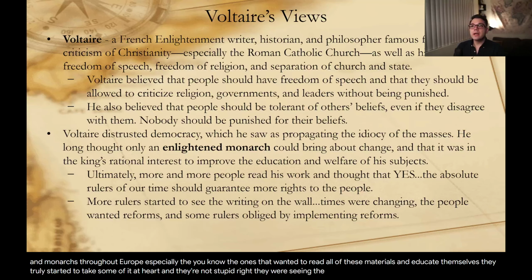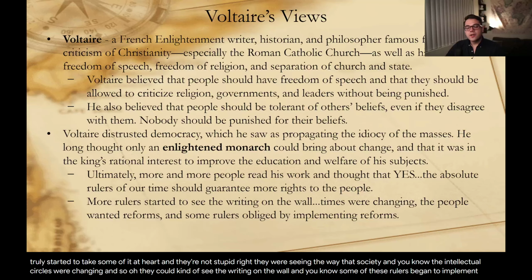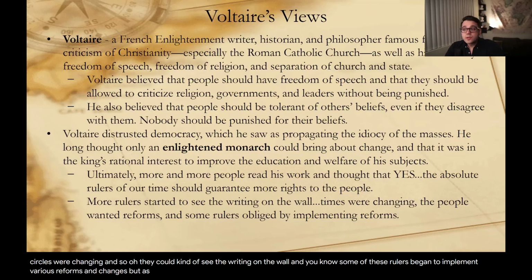They were seeing the way that society and the intellectual circles were changing. And so they could kind of see the writing on the wall. And some of these rulers began to implement various reforms and changes. But as we're going to be seeing, with varying levels of change, with varying levels of intent, right, within that.